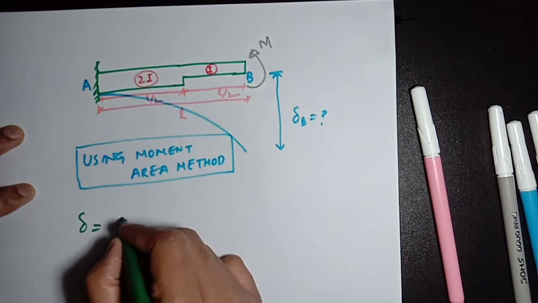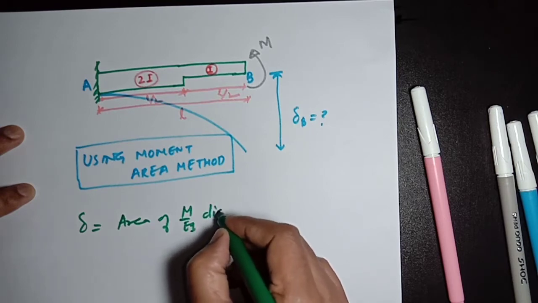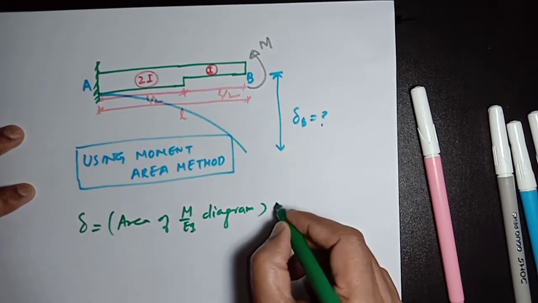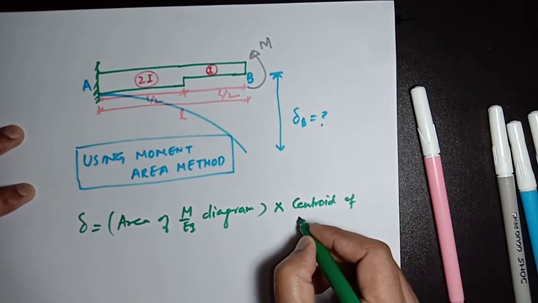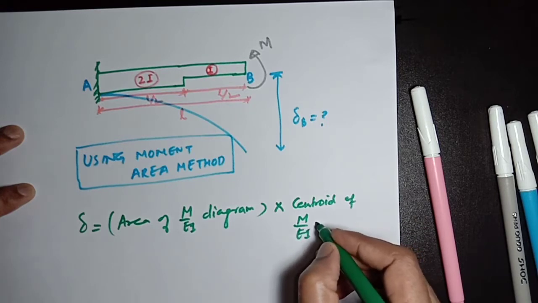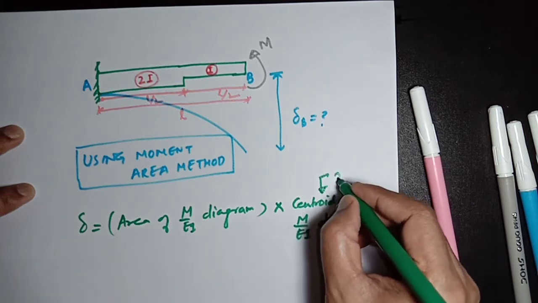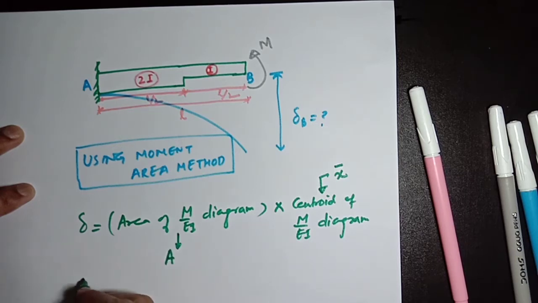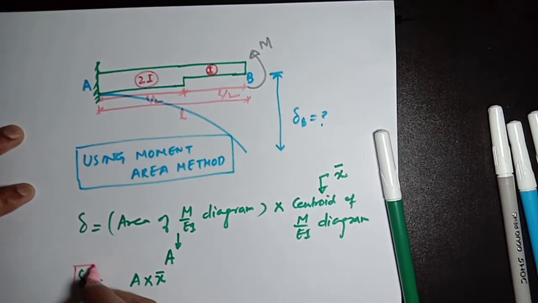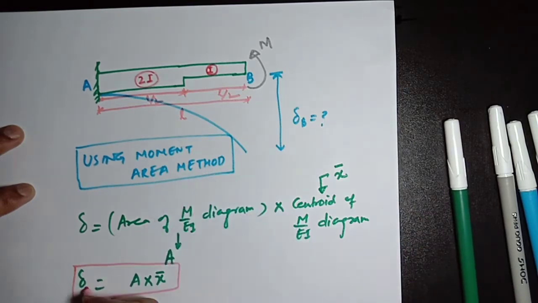I mean the area of the M over EI diagram multiplied with the centroid of the M over EI diagram. The centroid is shown as X bar. So if we denote the M over EI diagram area with A, delta will be A multiplied with X bar. Through this expression we can directly calculate deflection at point B.